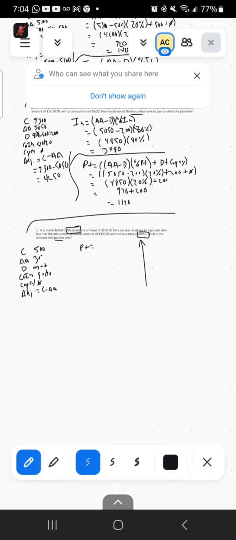Yes, if it says Medicare but doesn't say what the co-insurance is, then you use 80/20. But if it says an actual number, you use that actual number. That's a great question.